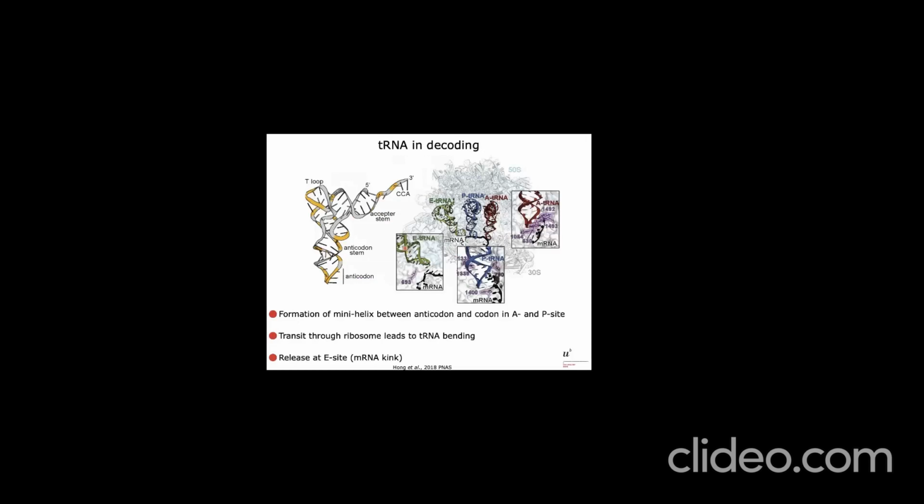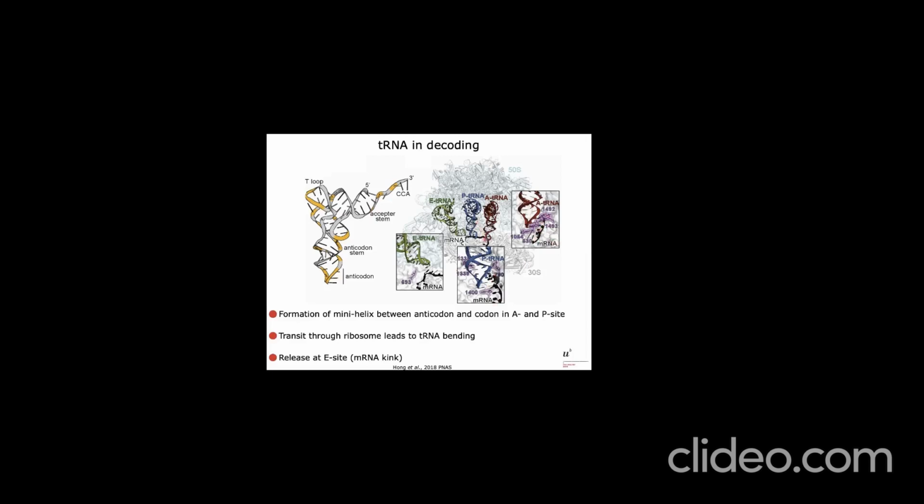Now, this of course looks a little bit more natural and complicated in a real structure. So what happens is that there is a mini helix between the anticodon and the codon in the A and the P sites. So that's where this codon-anticodon interaction really matters. And you can see this here for the A site tRNA and for the P site tRNA.